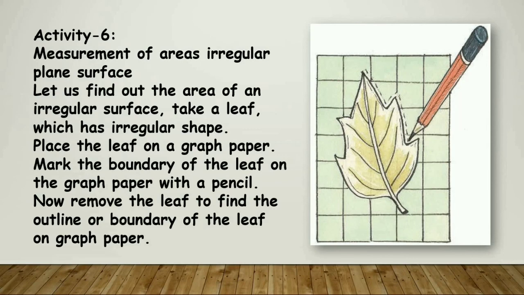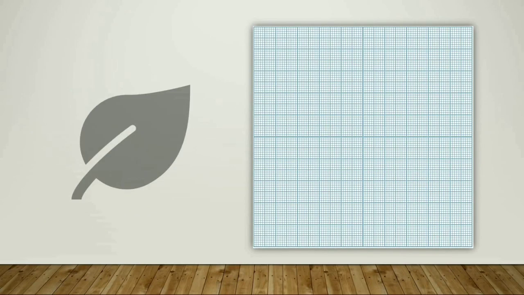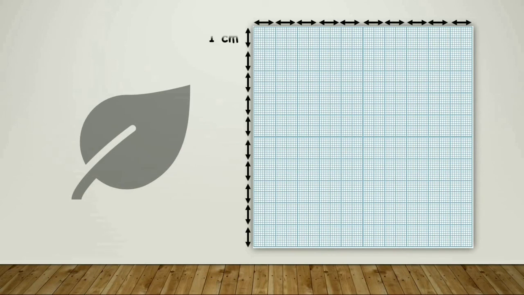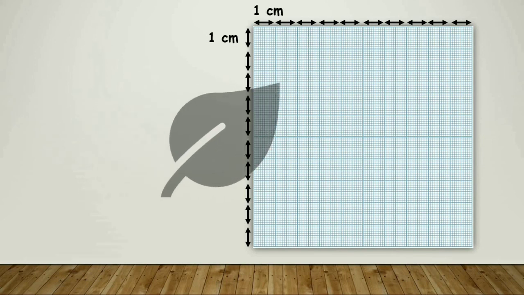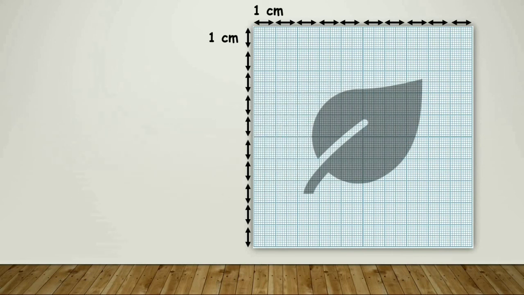Now remove the leaf to find the outline or boundary of the leaf on the graph paper. Now we have the graph paper and we have a leaf. Just place it on the graph paper, take the outline, and count the number of squares that it covers. First the number of full squares, then the number of half squares.